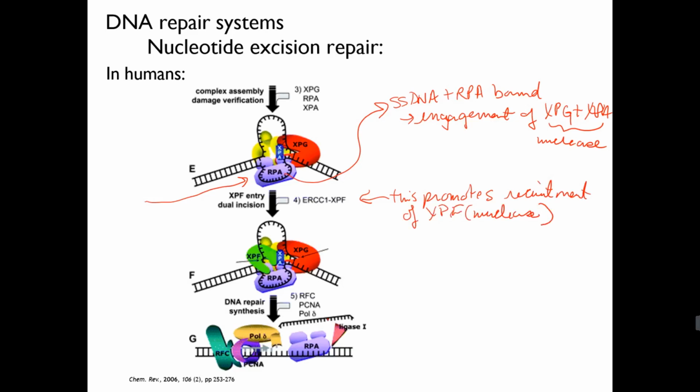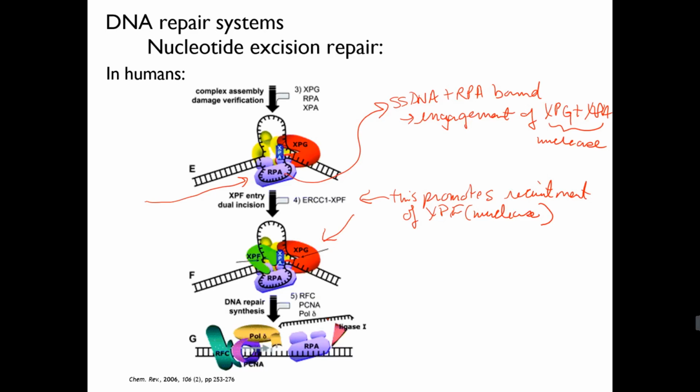And so we have this whole thing assembled here. Once it's all loaded, we can have a double incision made that cuts the damaged strand out. One nuclease cuts on one side of the lesion, the other nuclease cuts on the other side.